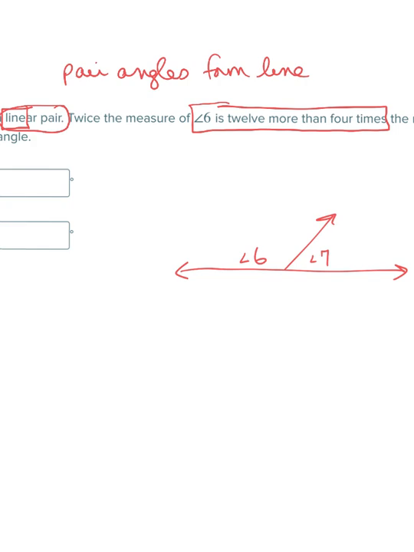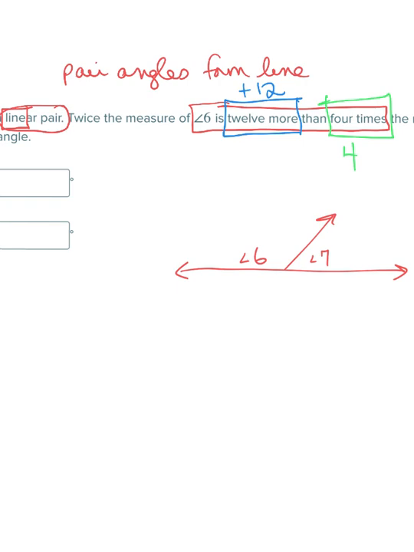So it says angle 6 is 12 more. Well, 12 more is plus 12. More means addition, so I can say plus 12. Then 4 times means we're going to multiply by 4.